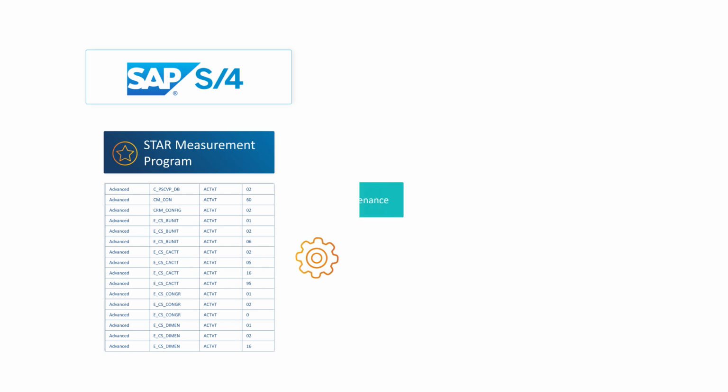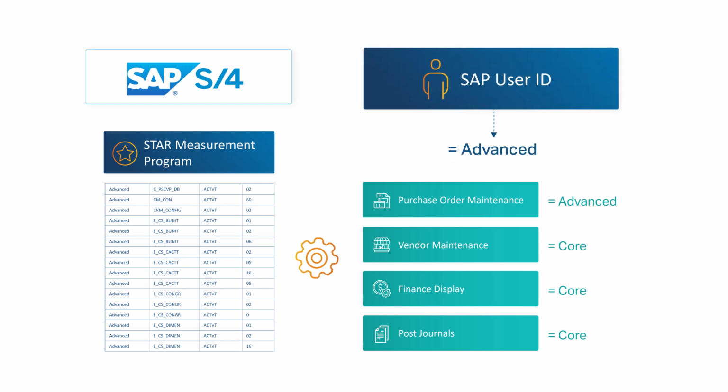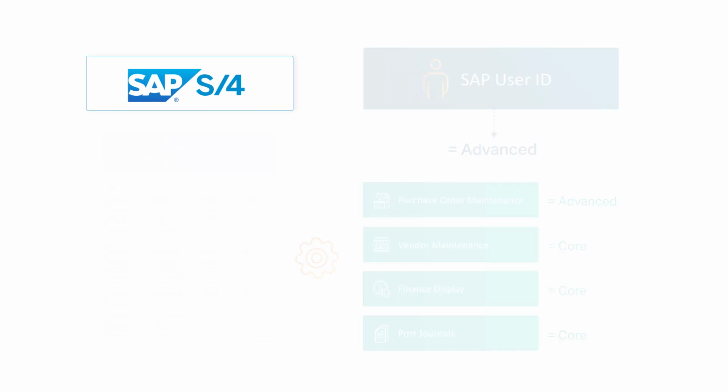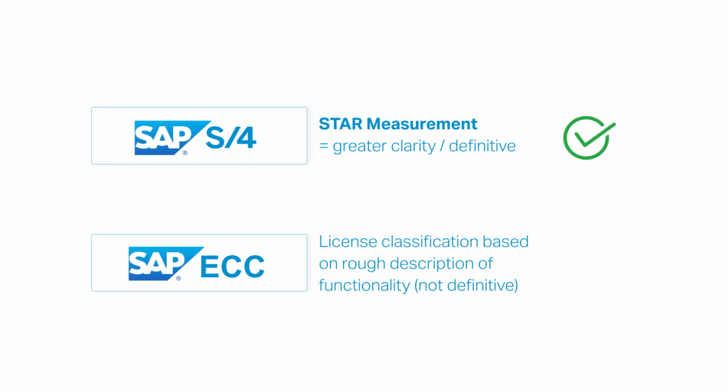The star analysis evaluates whether any SAP users have access to any of the authorization objects defined in the star rule set. If access is detected, users are classified accordingly based on their level of authorization. This structured approach ensures a more precise and transparent licensing model in S/4HANA, compared to ECC.